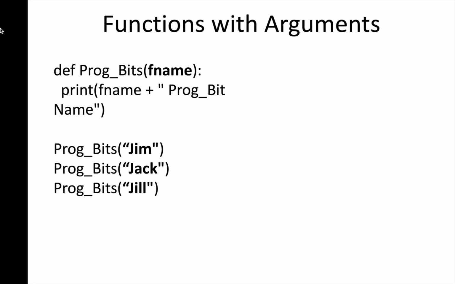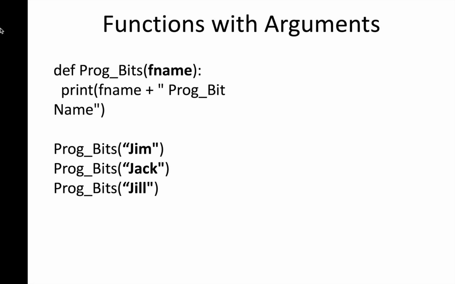So it gets the value from the function call and uses it inside the function. Below we have the function calls prog_bits. We are passing Jim in the first statement, Jack as input in the second statement, and Jill as input in the third statement.